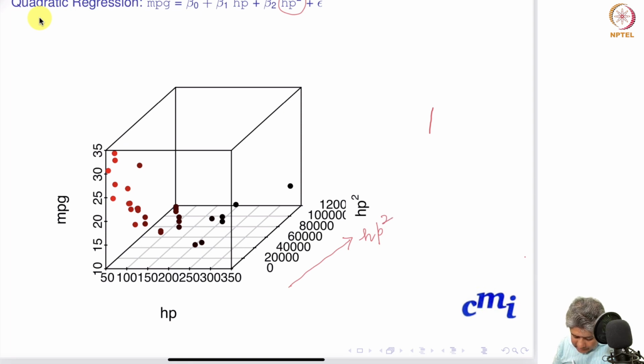The original data is in 2 dimensions, horsepower and miles per gallon. Now we engineered a new, third dimension, and we put the data in a cube, and that is what we are trying to fit.